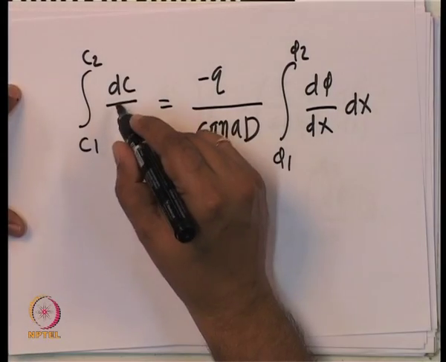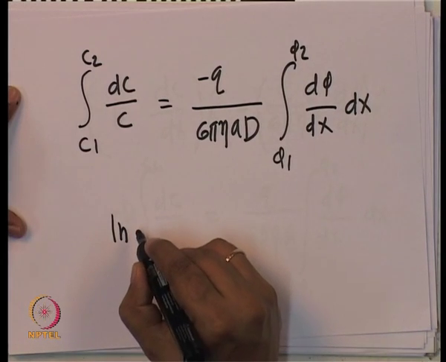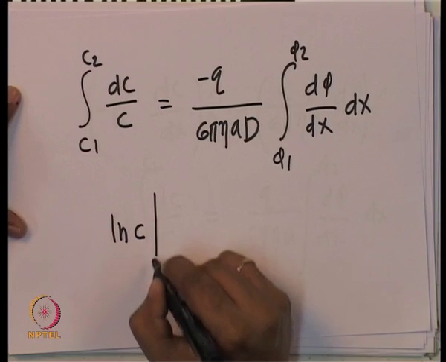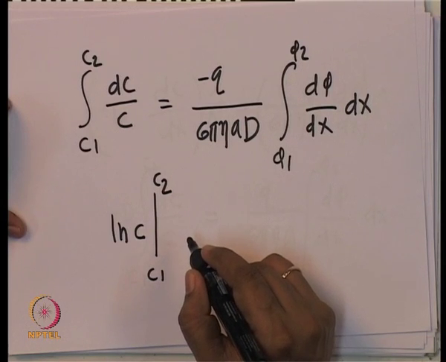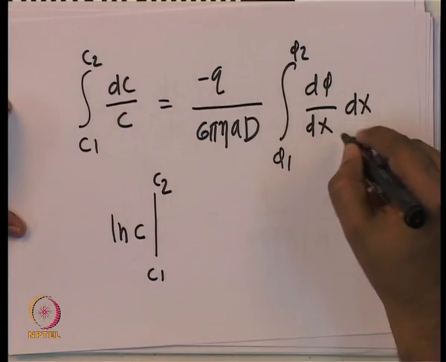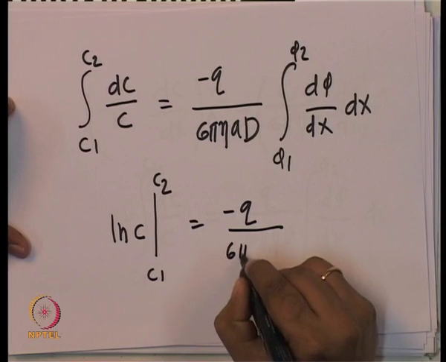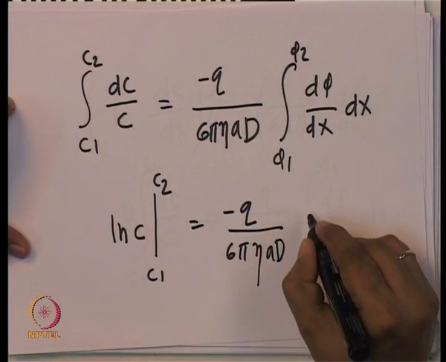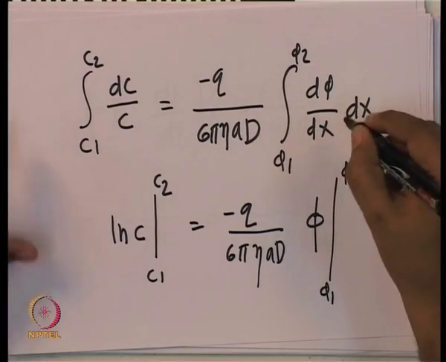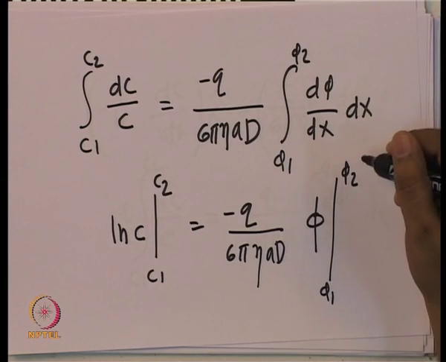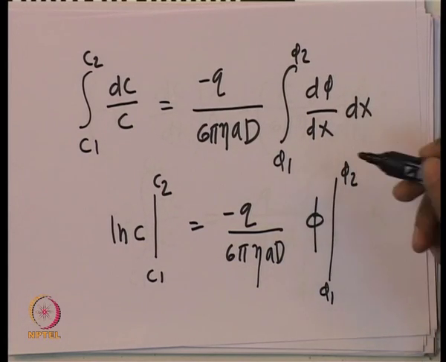You know that the integral of dc by c is log c, so log c in the limits c1 to c2. The integral of d phi by dx dx is equal to minus q 6 pi eta a d into phi in the limits phi 1 to phi 2, because if you integrate d phi by dx, you will get phi.